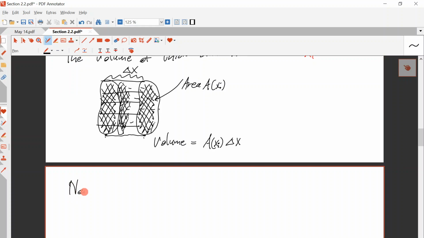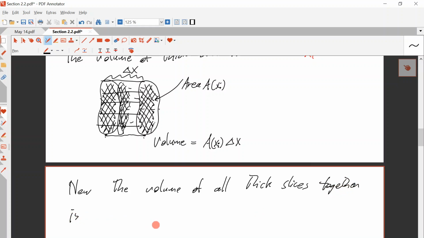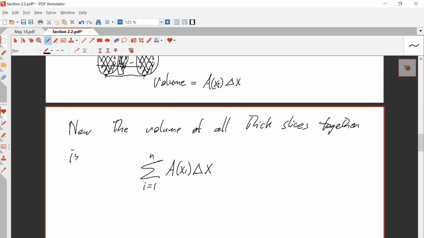So now the volume of all thick slices together is the sum, i equals 1 to n, of the area times the thickness of each slice, the volume of each slice, A(xi) delta x.